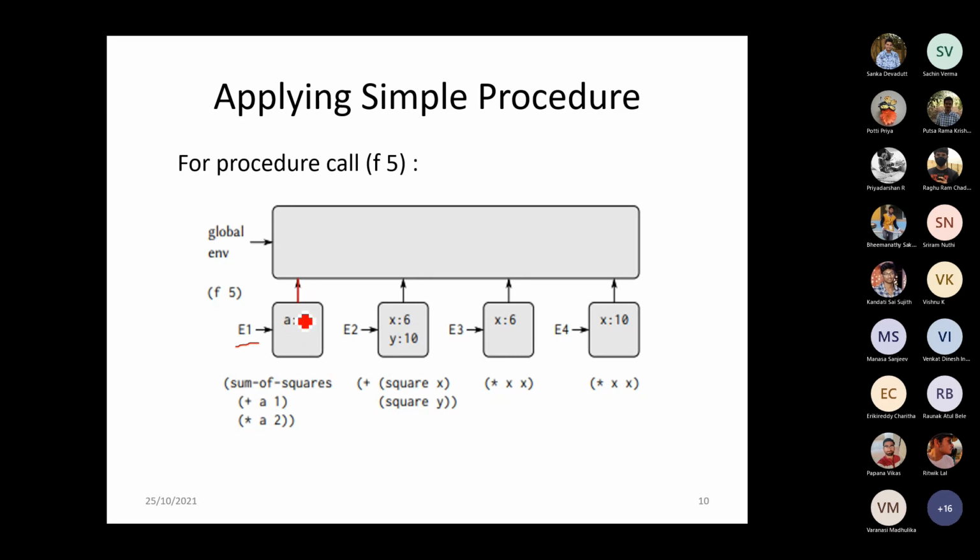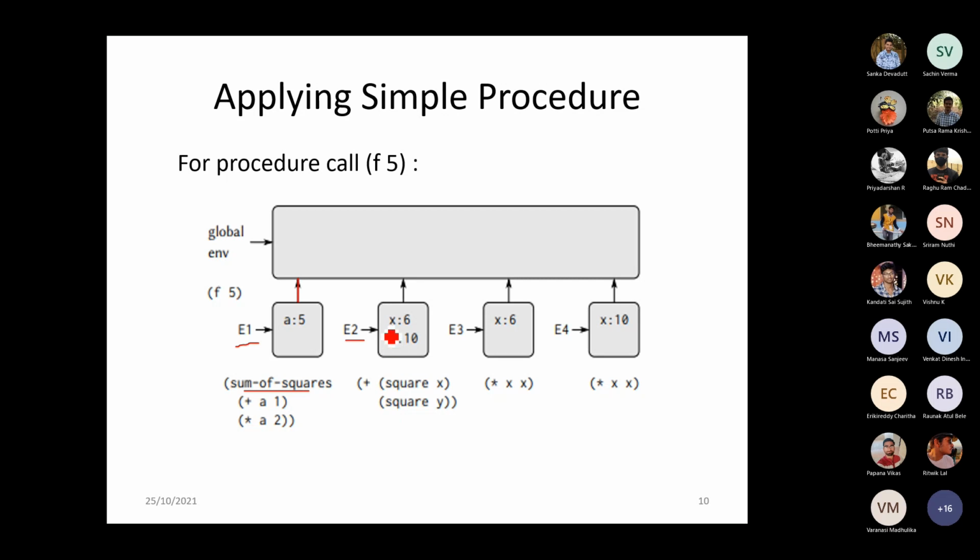Similarly, when you are executing this F procedure, you are calling the sum of squares procedure. So again, a procedure call is happening, and another frame would be created. Since it is a named procedure, we will give it an associated name, which is E2, and it will be executing the body of the procedure, which is plus square of x, square of y.